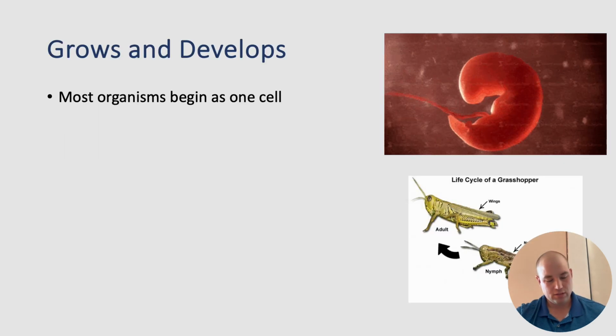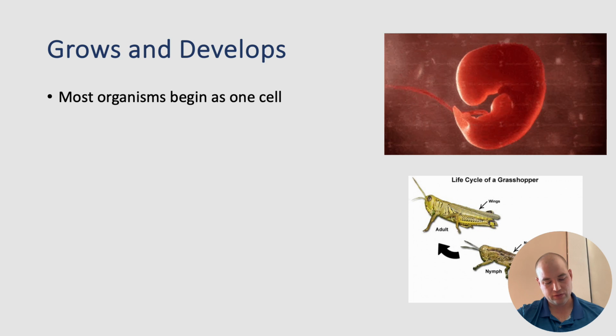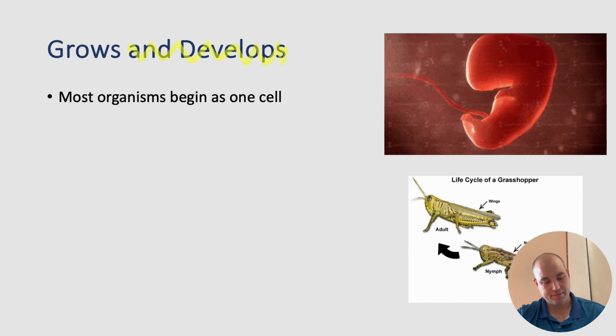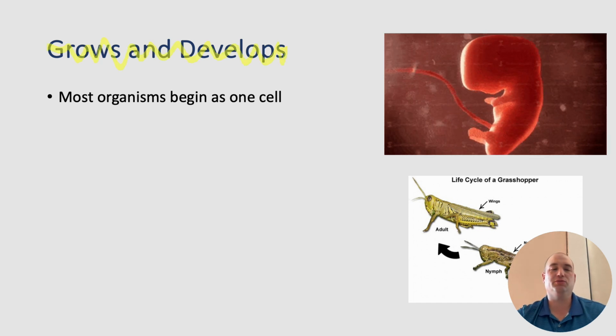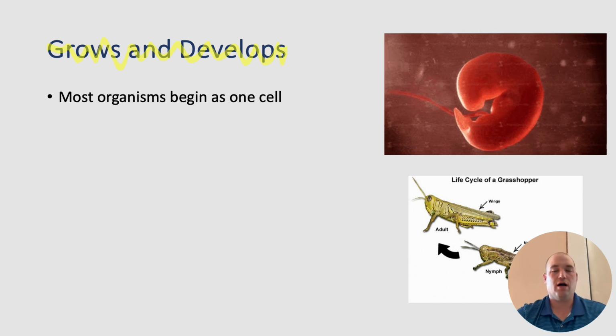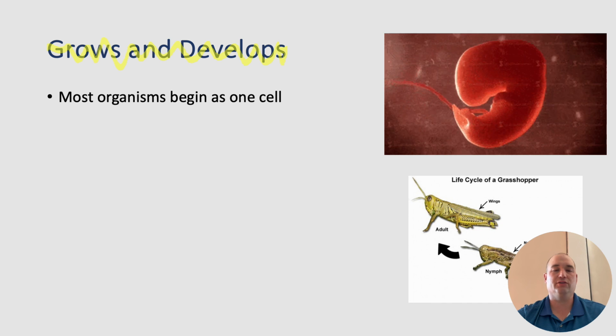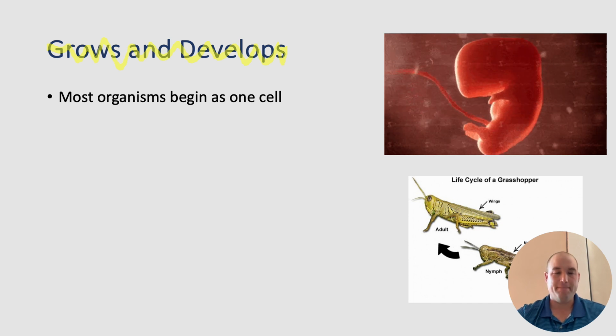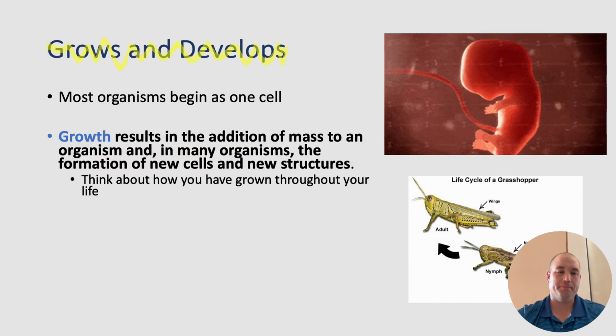All right. Now the next one we have here is growth and development. As organisms grow and develop, they become more complex and they add more and more cells. Most organisms begin as one cell.